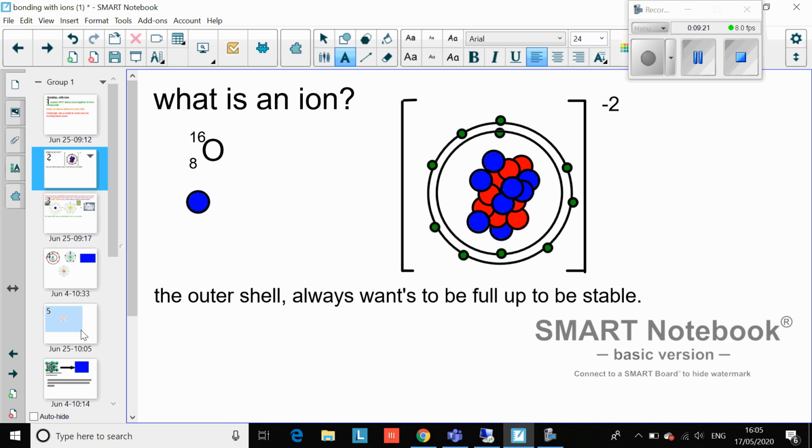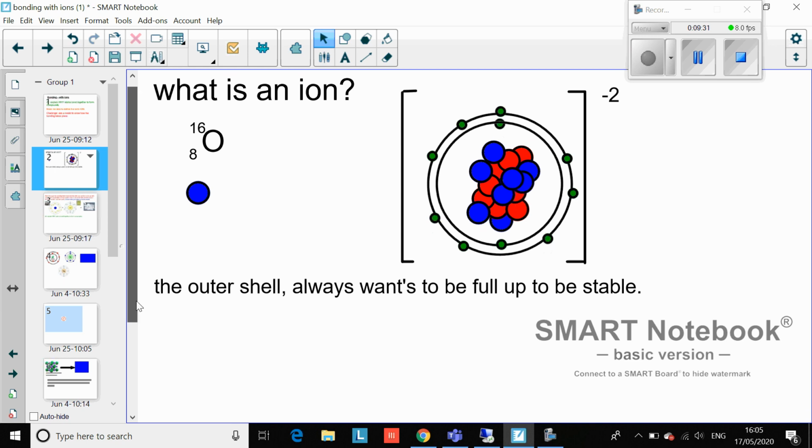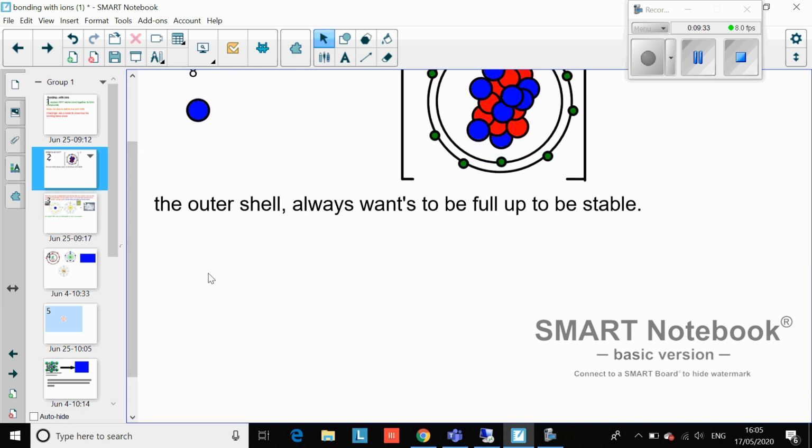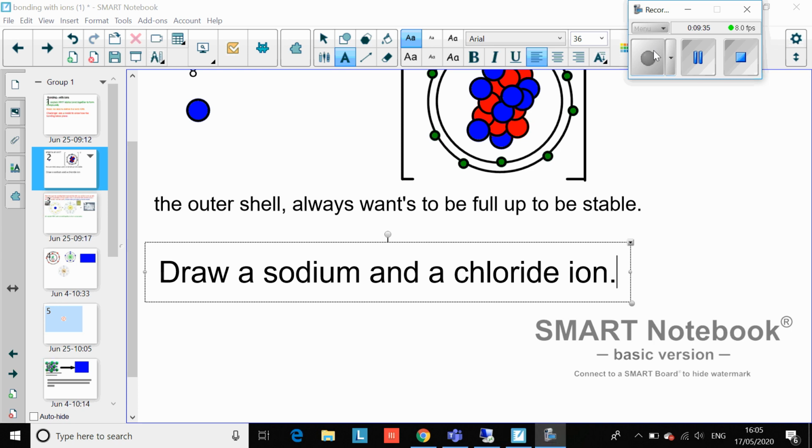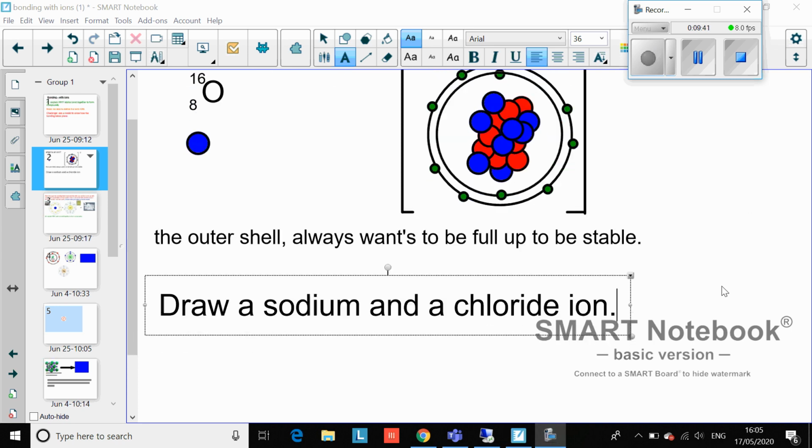Using the similar example that I've just done, draw out a sodium ion and a chloride ion. So you'll need to look them up. How many protons and how many neutrons does a sodium ion have? And then the same with chlorine. Pause the video and do that now, please.